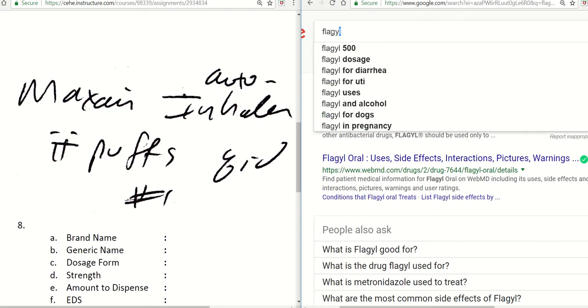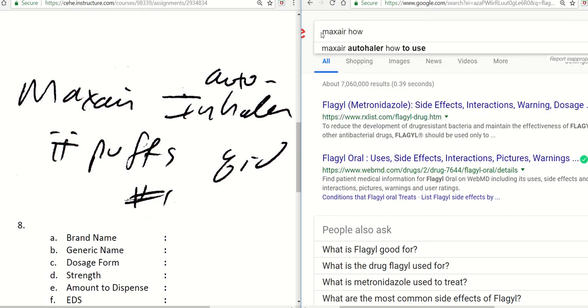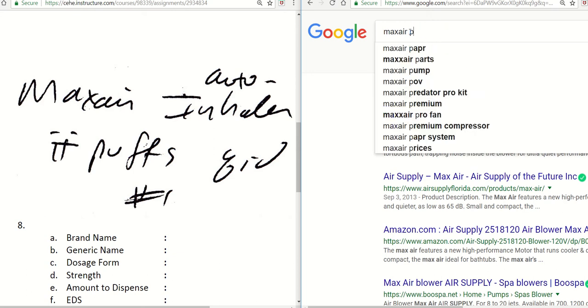Puffs. Uh-oh. What dosage form is this guy? Puffs, most likely it's going to be an inhaler.